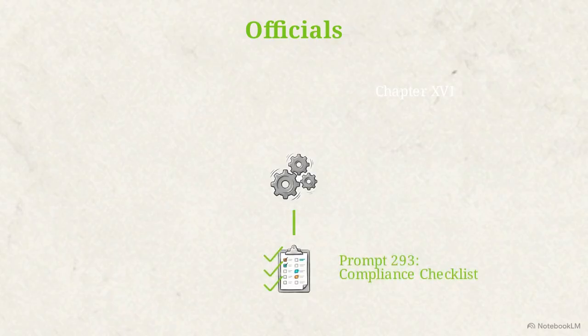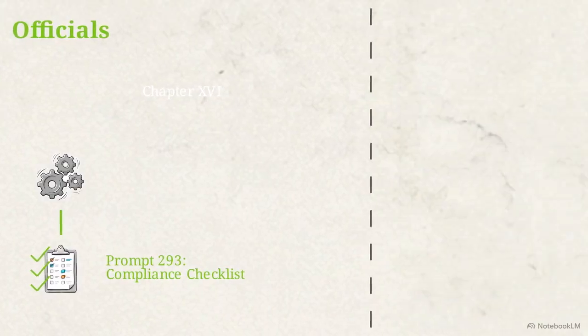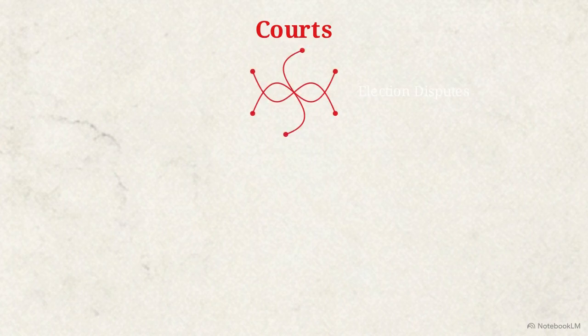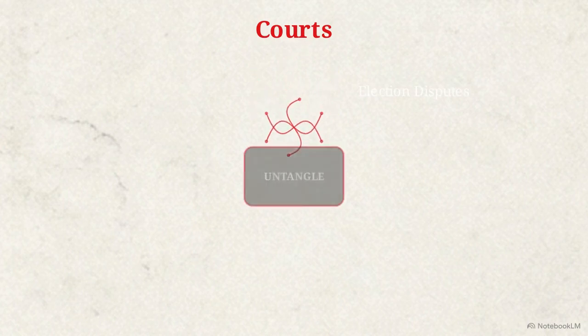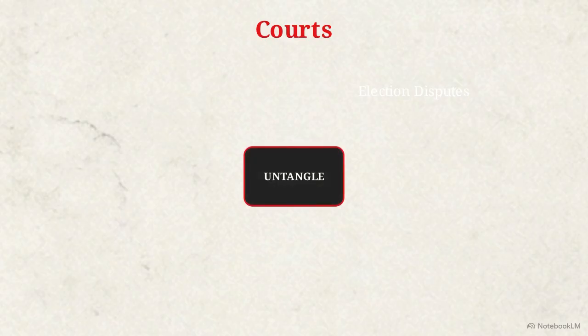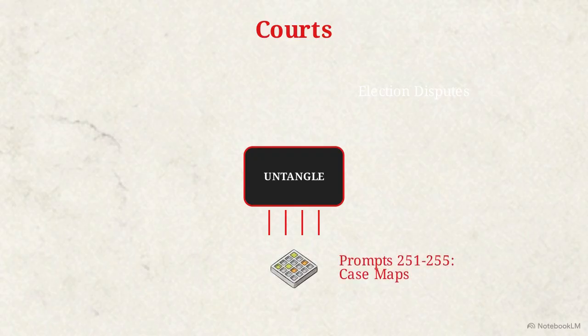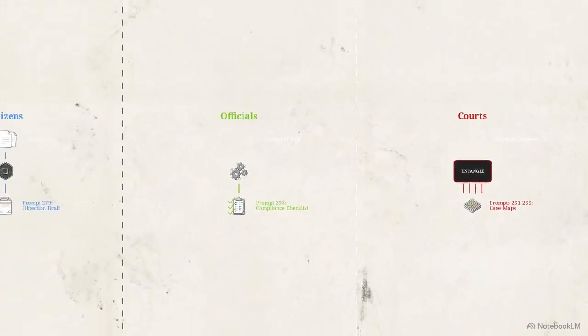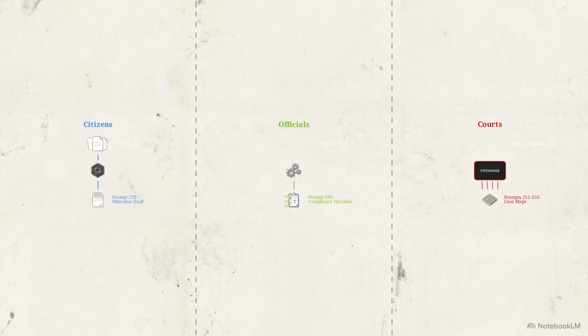Utilizing Prompt 293, the API generates strict statutory action checklists, guaranteeing an official completes every compliance step before issuing an order. Finally, the system assists the judiciary by untangling the overlapping violations that stall local litigation. Prompt 251 through 255 allow courts to instantly generate provision-wise case maps and neutral legal summaries for election disputes, isolating the exact legal questions at play.